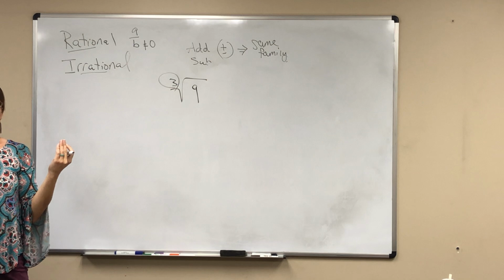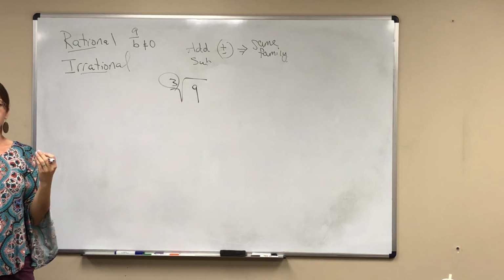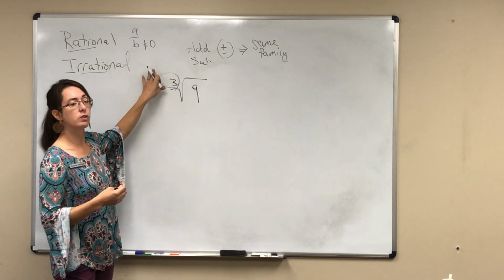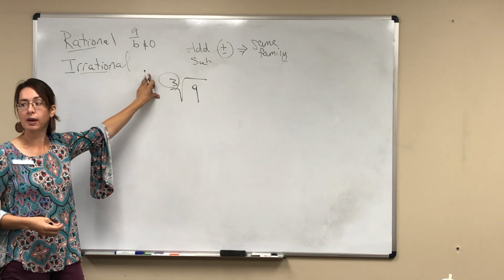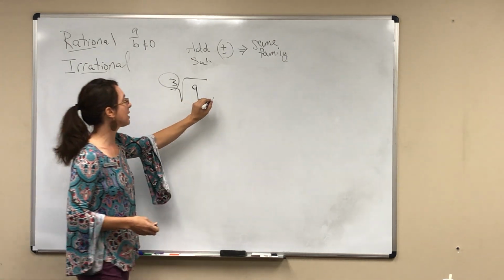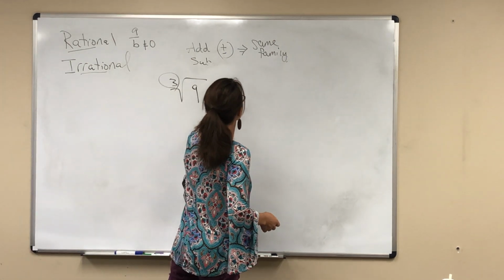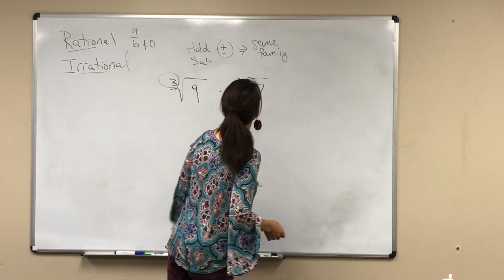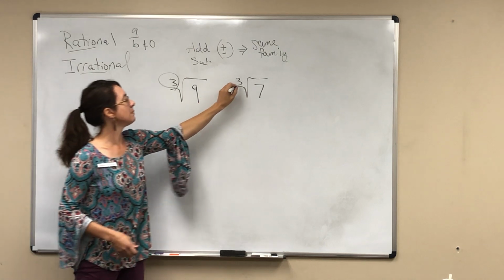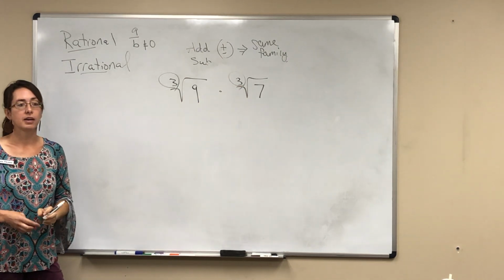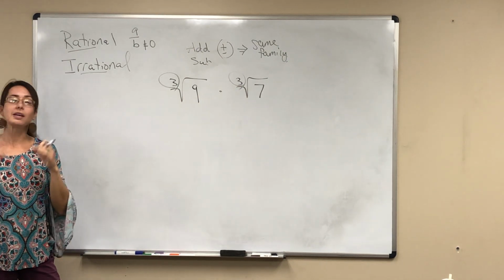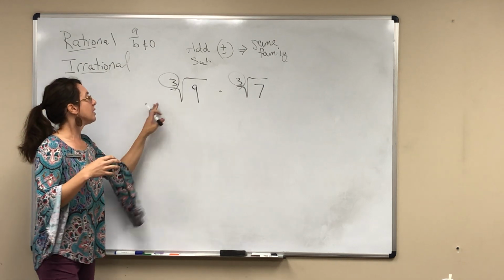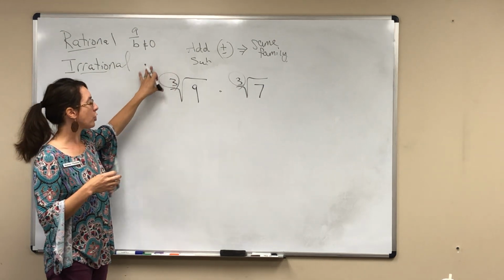We can't combine those, or fourths or fifths or sevenths, or whatever we're doing. So when we are doing multiplication and division, we have to have the same index. We have to be working within the same question of, I need 3 groups.